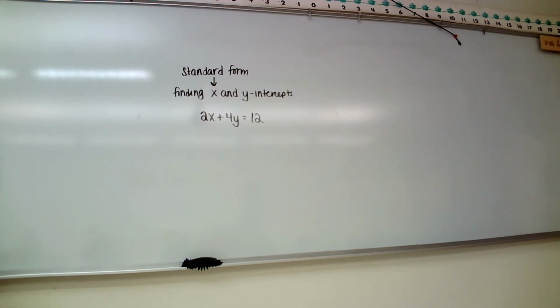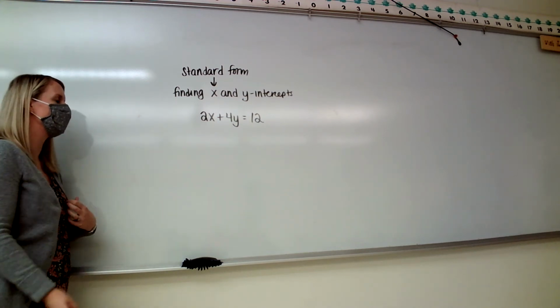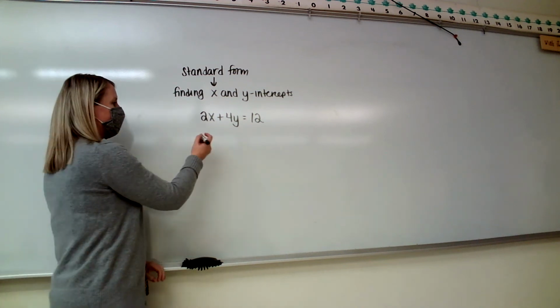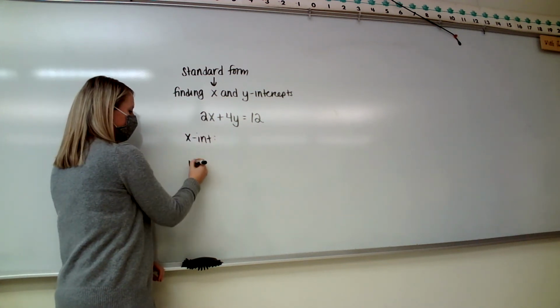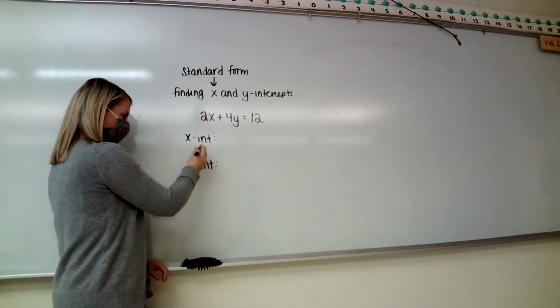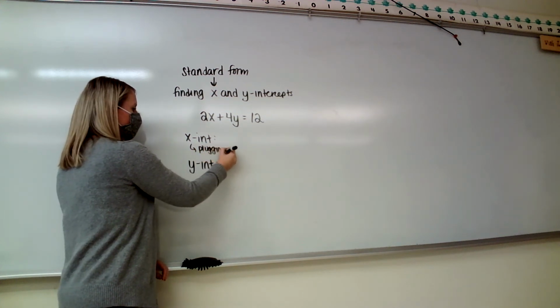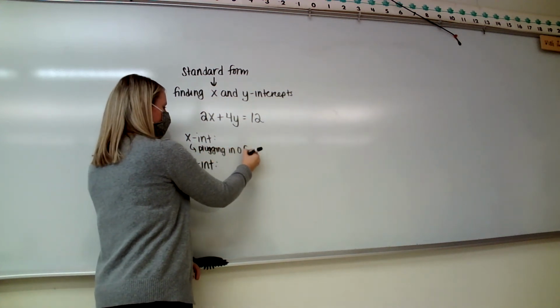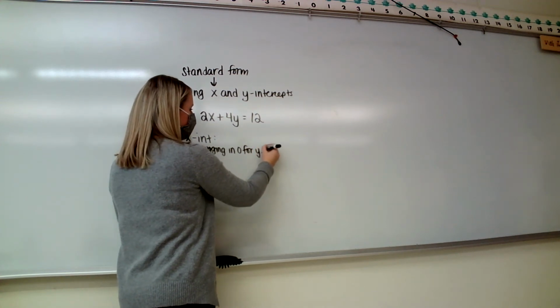So what I can do, if it said something like graph it or do something else, technically you could rearrange it if you really wanted to, to maybe slope-intercept. But I can find the x-intercept and the y-intercept pretty easily. I can find the x-intercept by plugging in a 0 for y and solving for x.